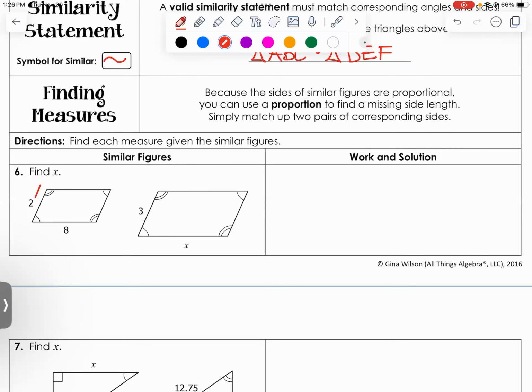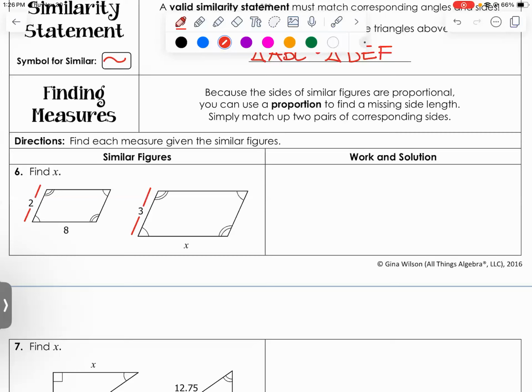Okay, what side does 2 correspond with? 3, 8. 2 and 3 are corresponding. How do we know? Because they're on the same side.